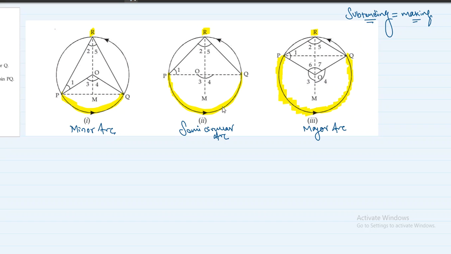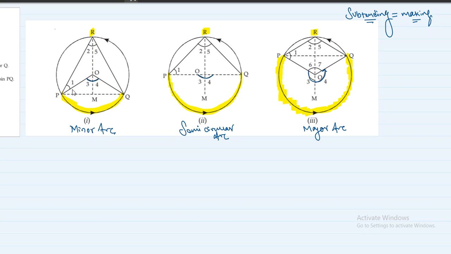Subtending means making. Which angle is made by this arc PQ at the center of the circle? Arc PQ is making angle POQ at the center. Angle POQ, as you can see over here.